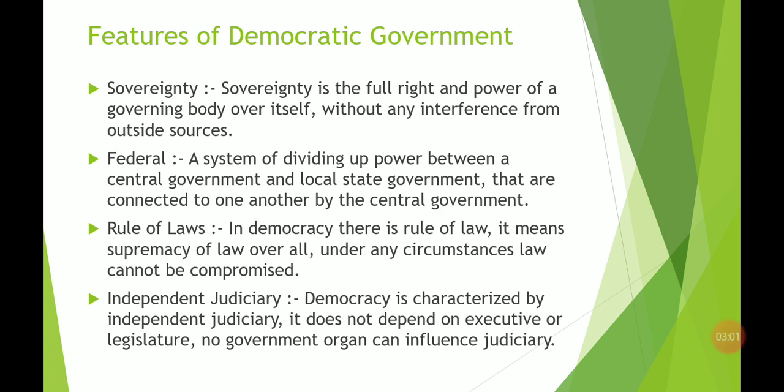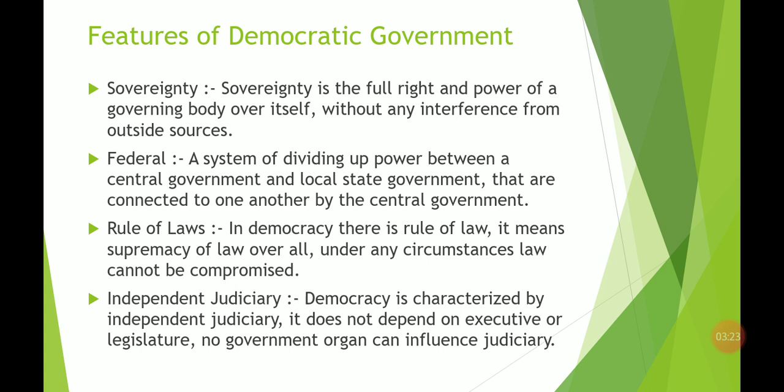No one can be exempt from the rules, whether it is a poor person, a prime minister or a president of any country, they all have to follow the rules. This is one of the features of the democratic government.